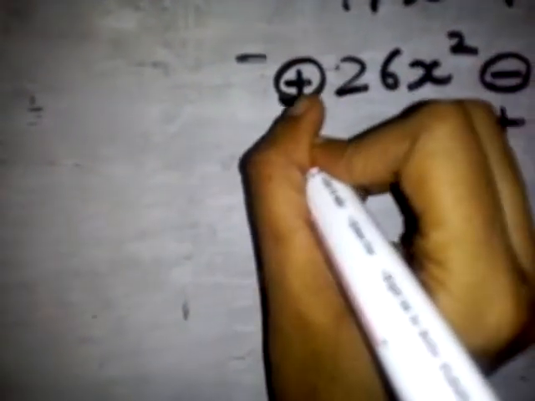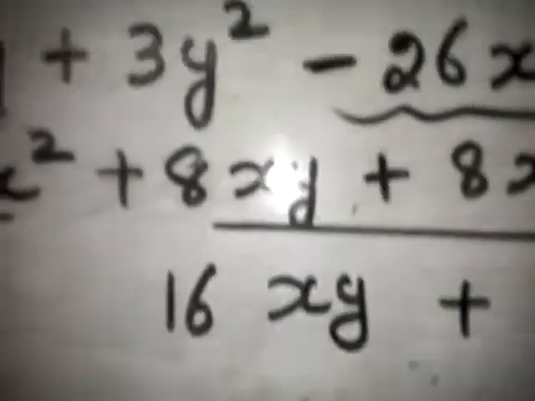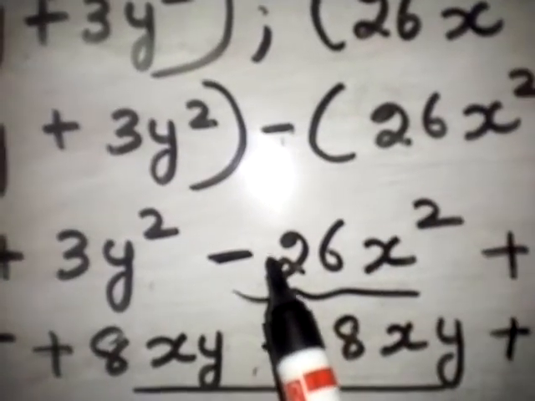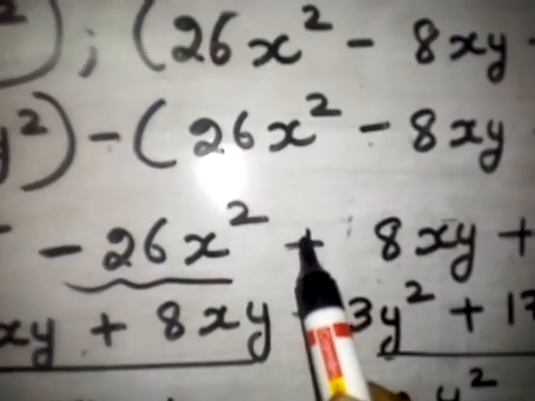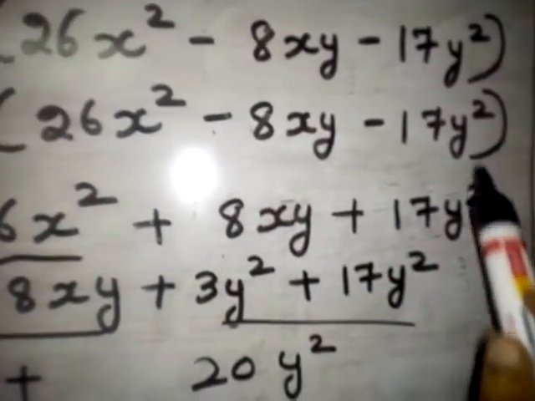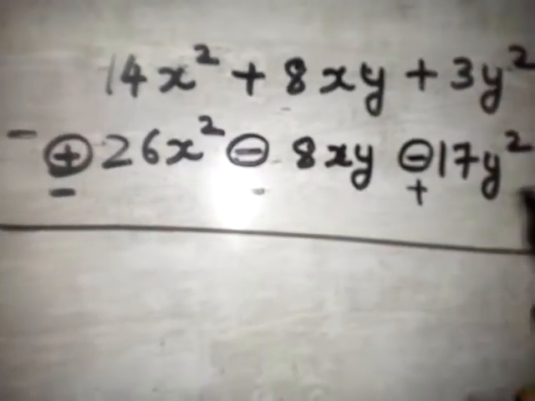Here nothing is there, plus sign it is. Because look here, minus into plus is minus 26x square, minus into minus plus 8xy, minus into minus plus 17y square. So that's why when you circle it, you have to write the opposite.